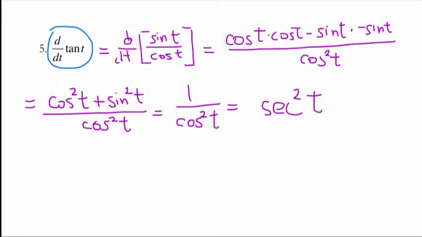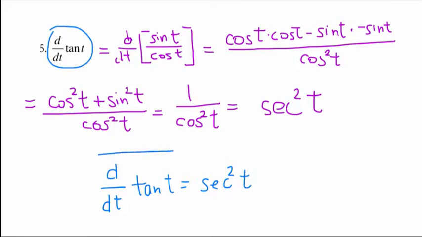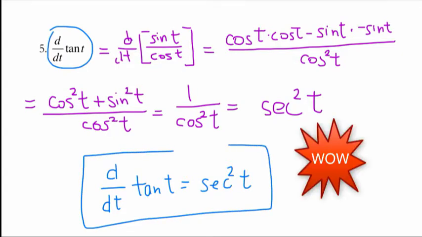This is going to give us a new rule. You need to know that the derivative of tangent of t is going to be secant squared of t. So let's put that in a box. That's going to need to go in your study guide, etc.